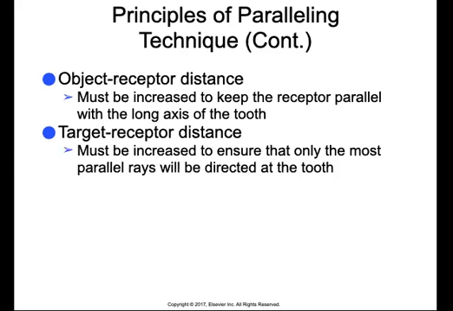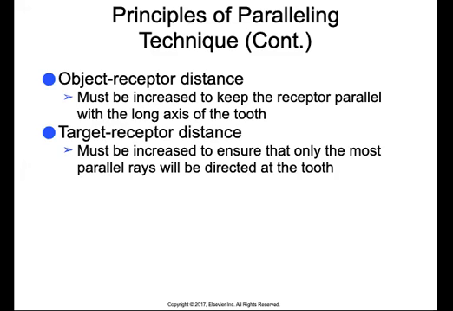So these are a couple of rules that must be followed to obtain accurate images. The object to receptor distance must be increased to keep the receptor parallel with the long axis of the tooth.